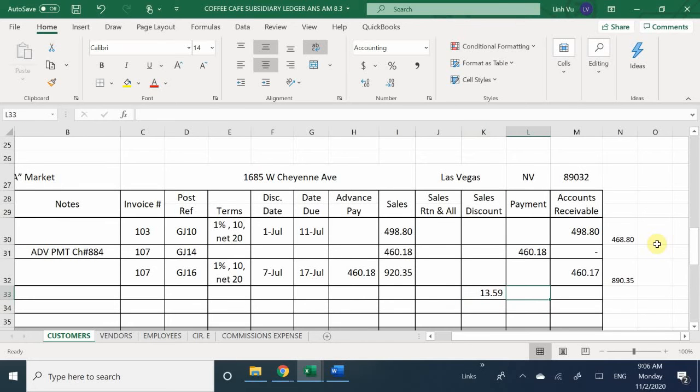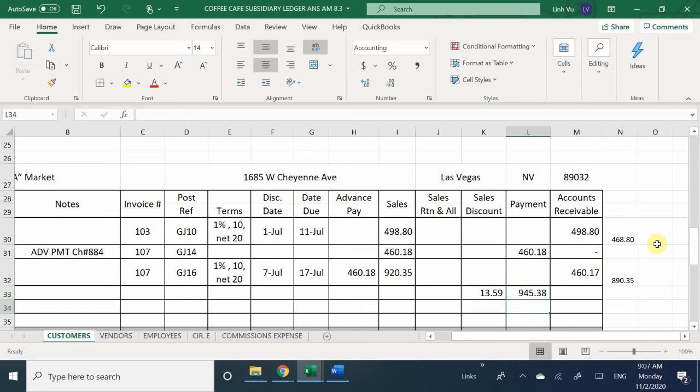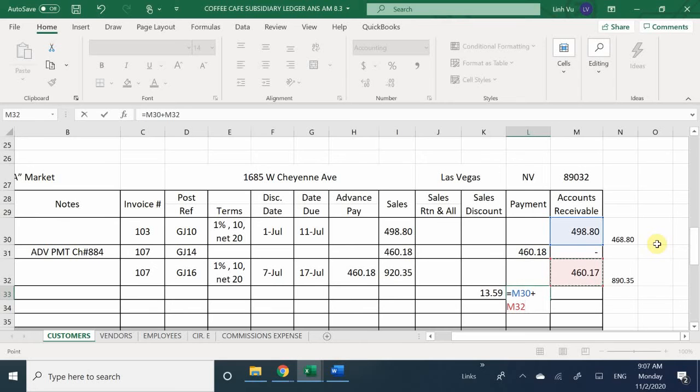And what is my total minus my discount? Oh, I added both that 498. I'm sorry. 460. Yeah, it's still at 958.97. Okay, let's do that again.